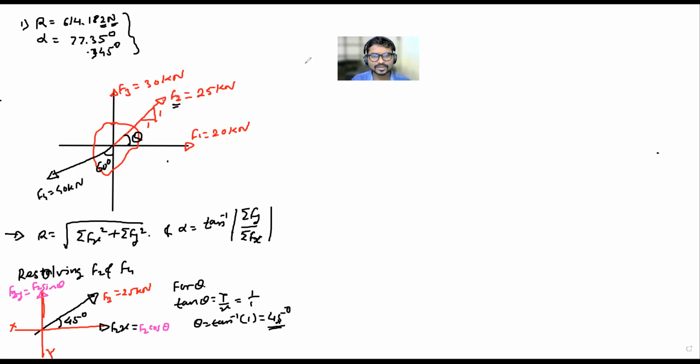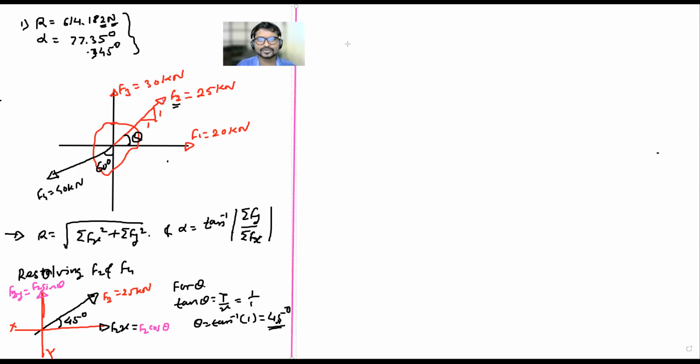तर दुसरा फोर्स कोणता रिझॉल्व्ह करायचा? F4. So we'll go for the resolving of a force F4. Just a minute. So now, once again, what we have to do? Firstly, we have to draw its line of action. So this is its line of action.